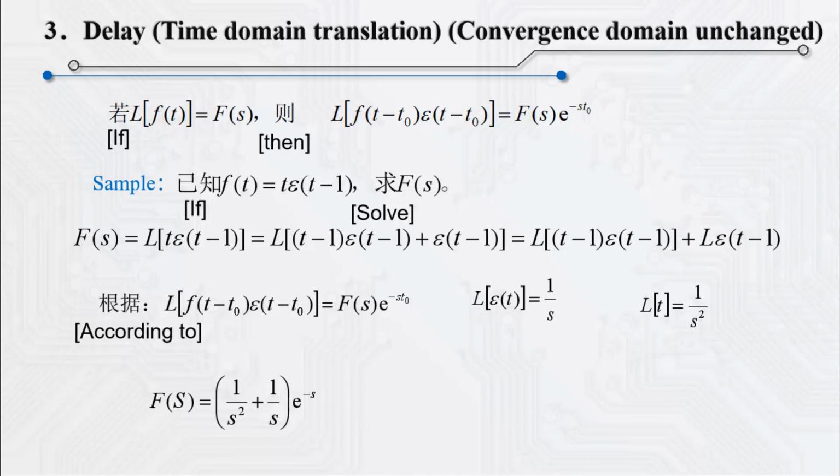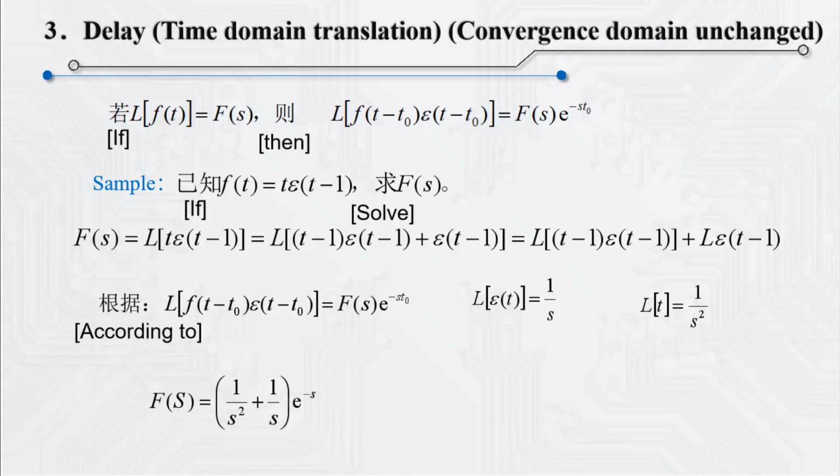According to the delay property, the Laplace transformation of (t minus t0) epsilon(t minus t0) equals e to the negative s t0 times F(s). The Laplace transformation of epsilon(t) is 1 over s.